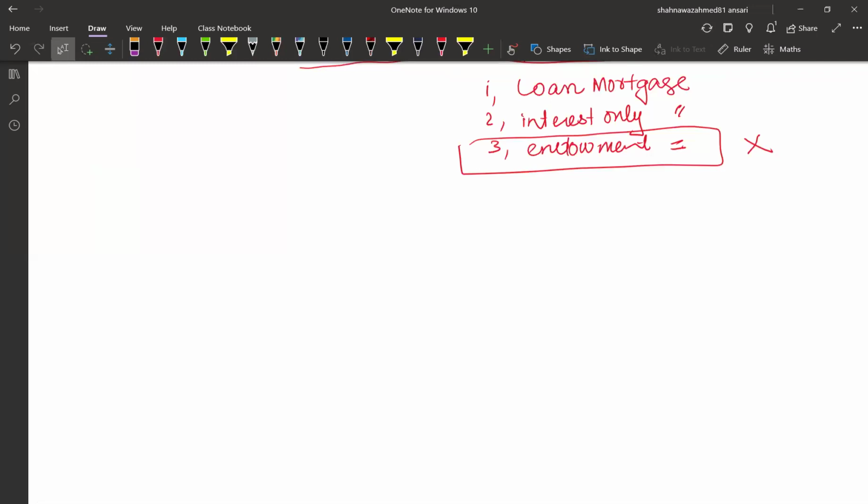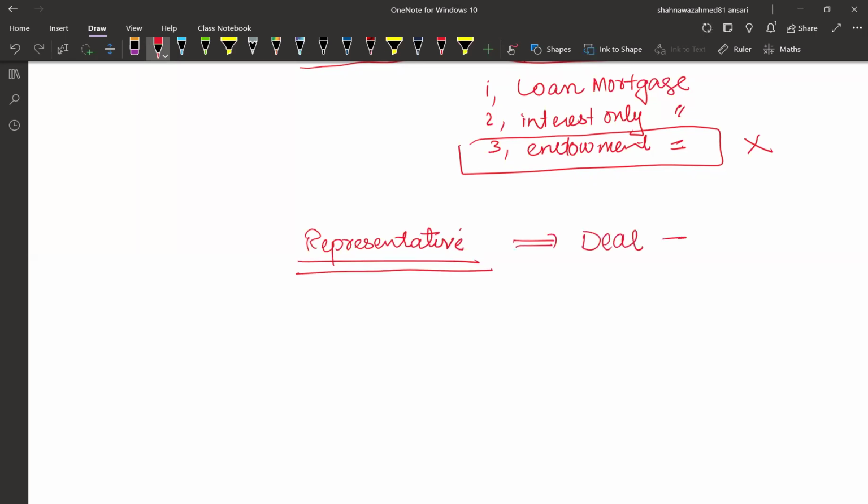Now, in order to identify all of this, normally we have to appoint a representative or an executor, who will deal with all the issues and deal with HMRC.